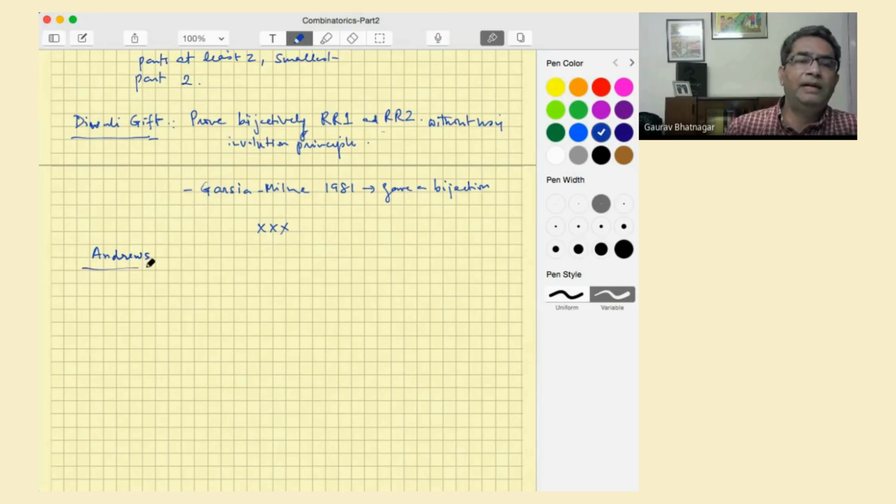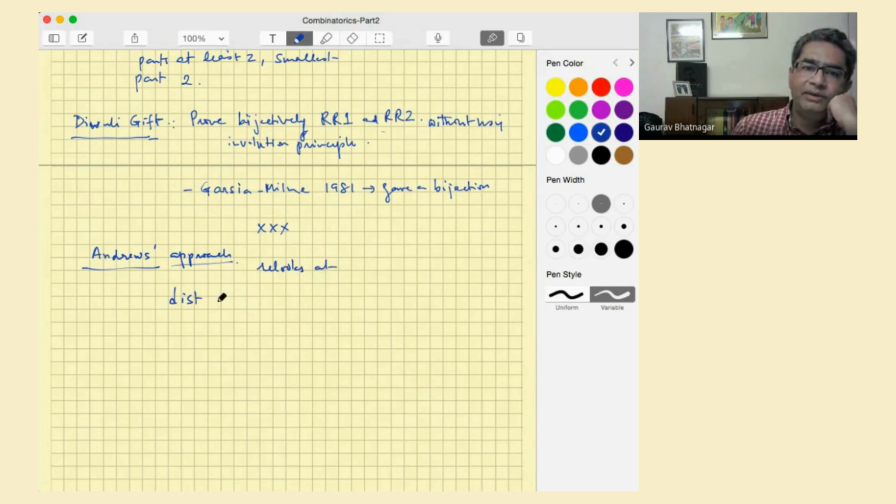So now we come back to Andrew's approach. Okay. Now what he's looking at is he's saying that if you look at distinct equals odd, let's relook at distinct equals odd.